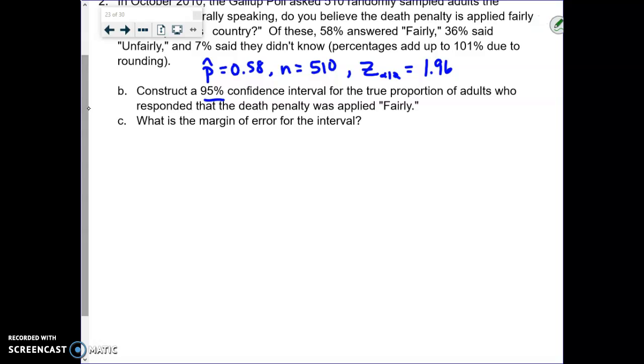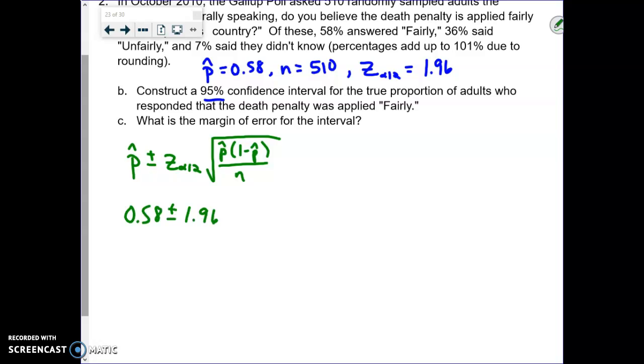To set up your confidence interval, we take p hat plus or minus our critical z value times our standard error, which is the square root of p hat times 1 minus p hat all over n. And then we just fill in the values. So p hat, the proportion of people who thought the death penalty was applied fairly, is 0.58 plus or minus 1.96 times the square root of 0.58 times 1 minus 0.58, which is 0.42, all over 510.